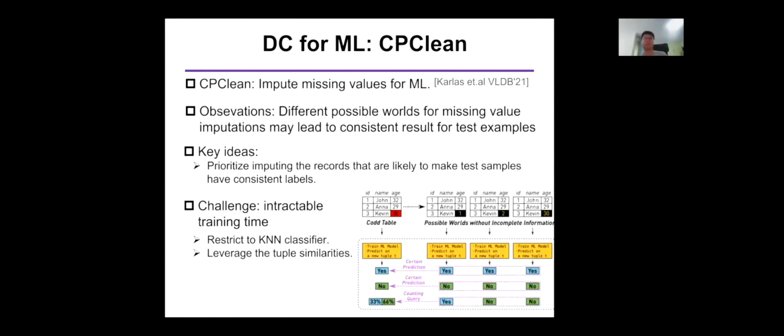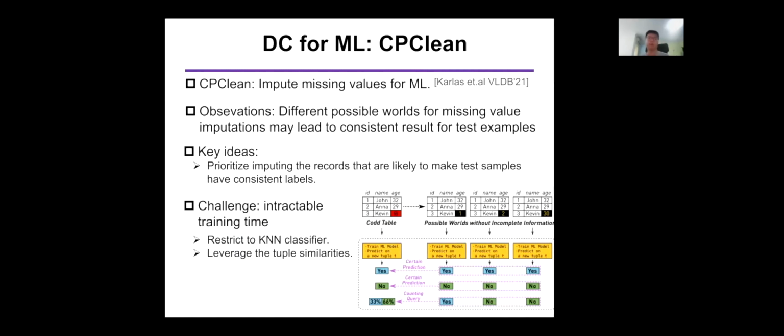So CPClean focuses on reasoning about the impact of missing values on downstream machine learning tasks. Suppose a dataset has n missing values and the domain set is m. We have m to the power n possible imputations. So all the imputations constitute a possible world, and each of them corresponds to a model.